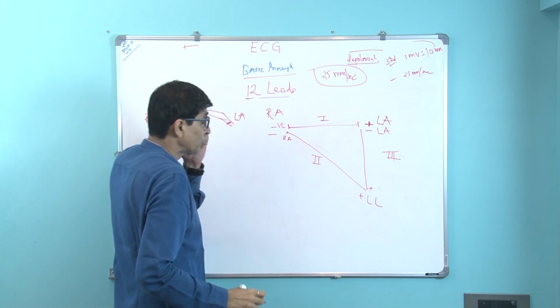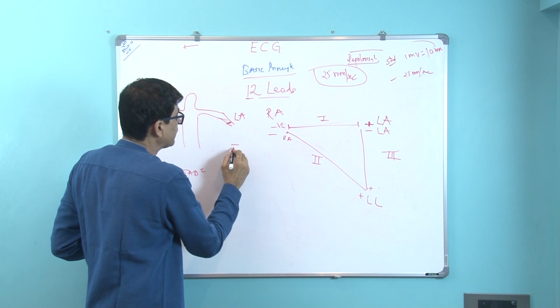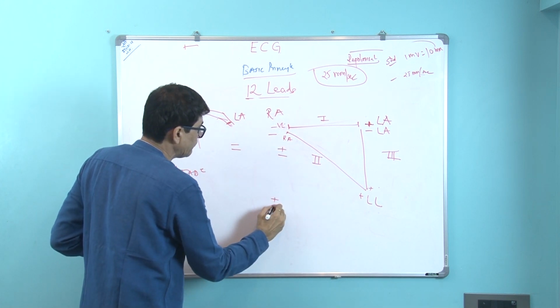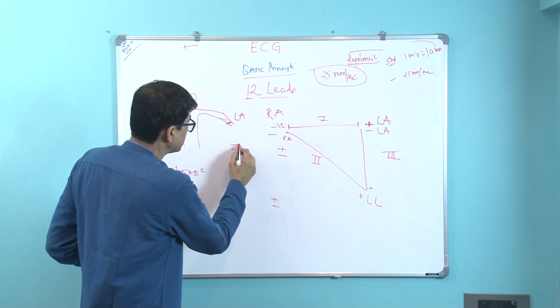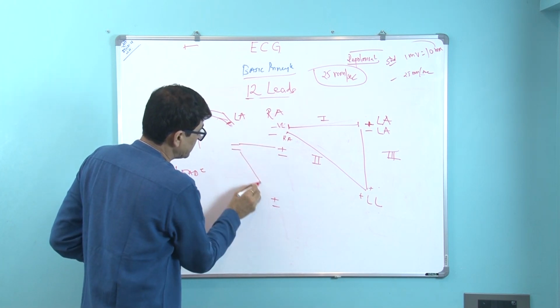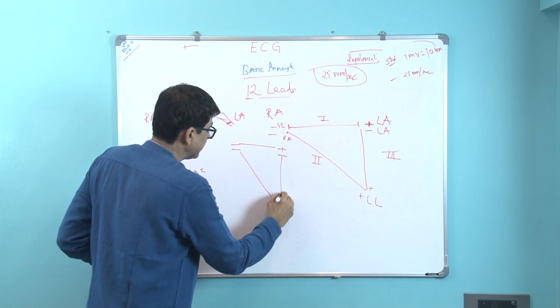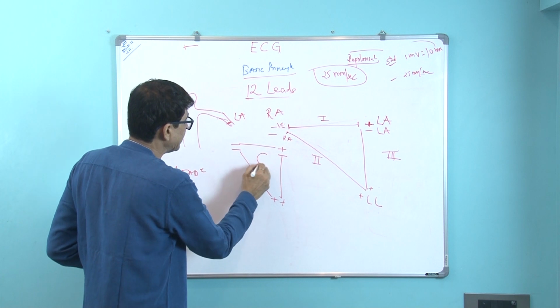If you see here, both are negative, here one positive, one negative, and here both are positive. So, this is lead 1, this is lead 2 and this is lead 3, and the heart is in the center.